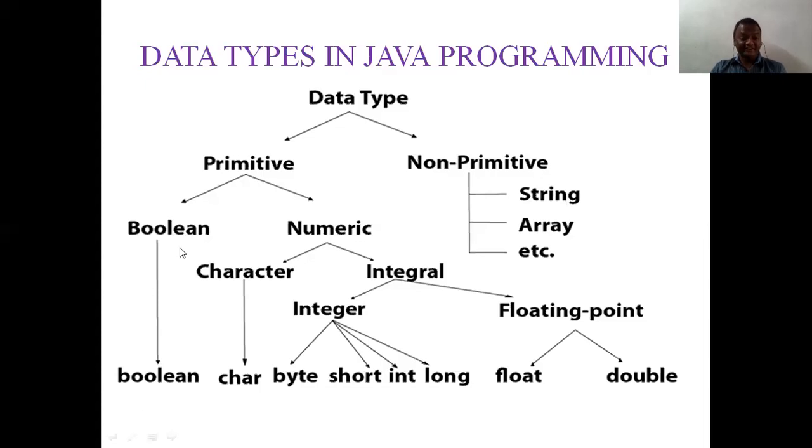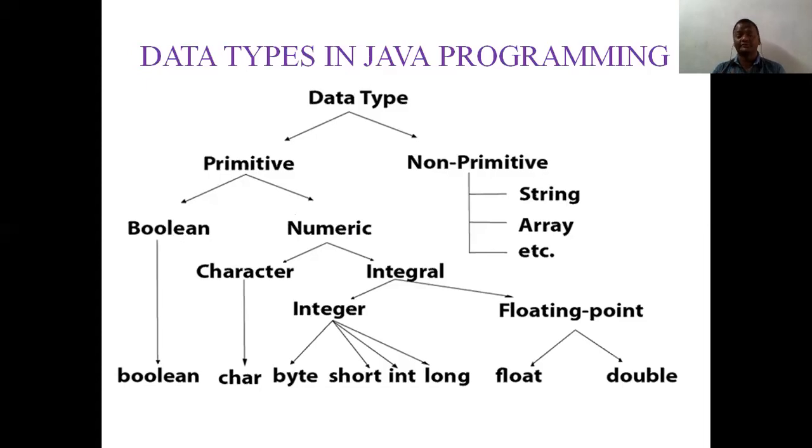The second one is the numeric data types. So the first is the Boolean data type, the second one is the numeric data type. These two are under the primitive data. In the numeric data type, there are two types: one is the character and the next one is the integral. First is the character. Many people think that character is nothing but ABCD, capital and small.